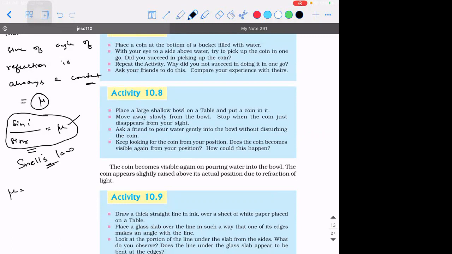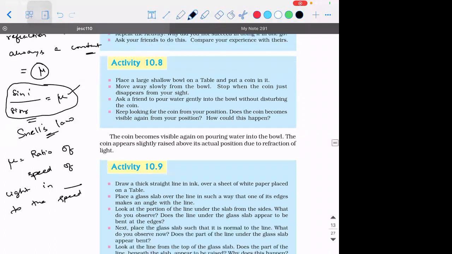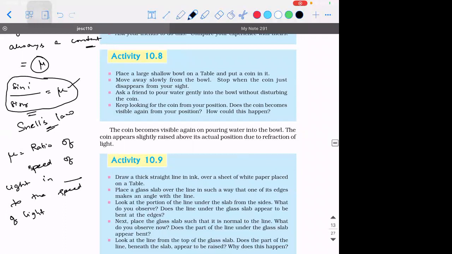So what is the refractive index? It is the ratio of the speed of light in dash to the speed of light in dash.